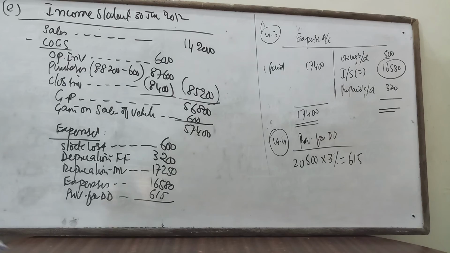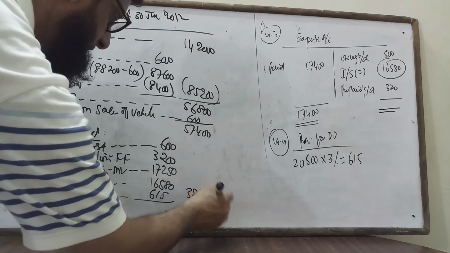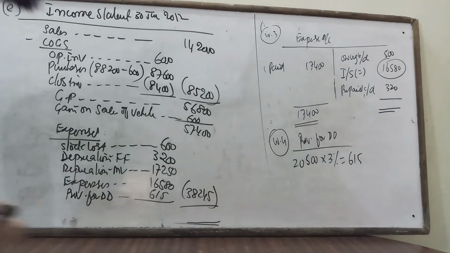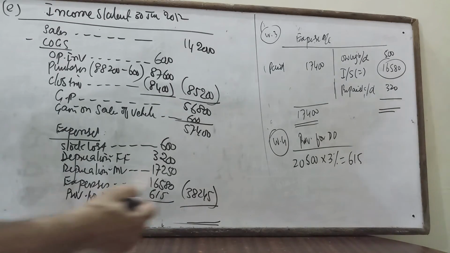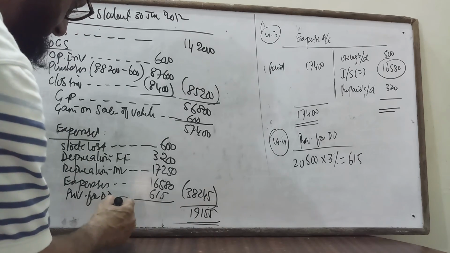There are 5 expenses only. You can add all these expenses. The total expense equals 38,245. Minus it, and the remaining is the net profit, 19,155. 19,155 is the net profit.